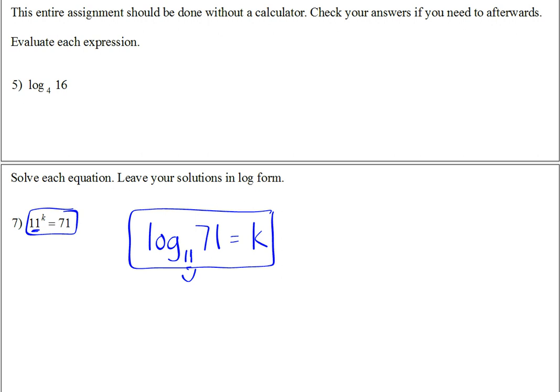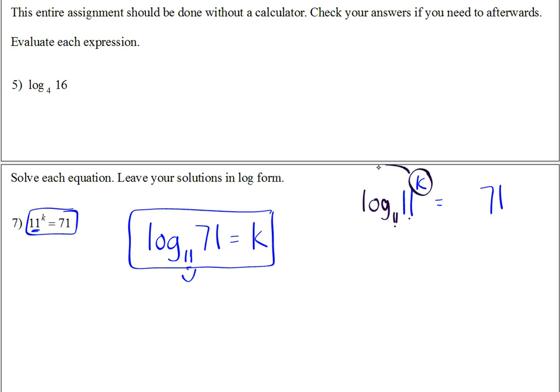Then I'm going to show you one more way to look at this, which I think is helpful. 11 to the k is equal to 71. I want to use log base 11. We taught you another property, this little identity, that if the argument and the base are the same, 11 and 11, it's equal to 1.